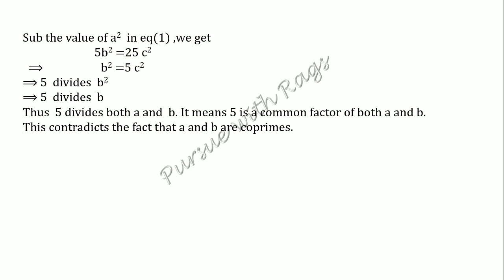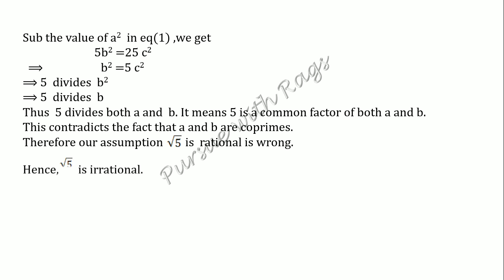Therefore, our assumption that root 5 is rational is wrong. Due to our wrong assumption only, we got a contradiction. Therefore, we can tell that root 5 is irrational. I hope the sum is clear to you.